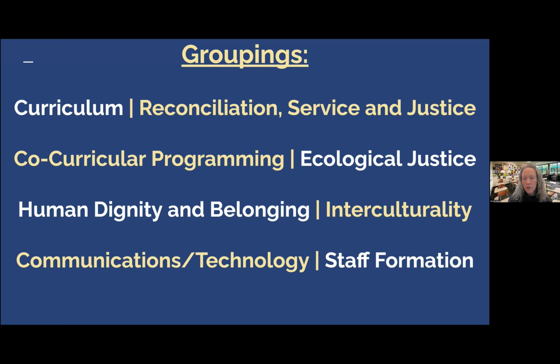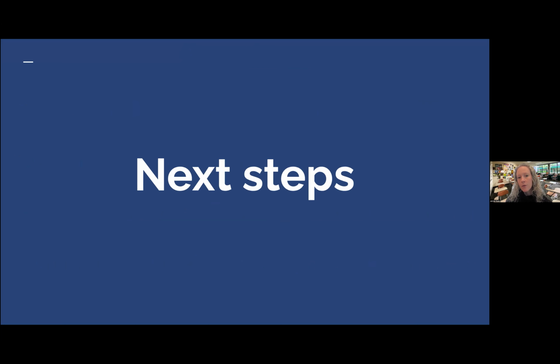Communications and technology, that was our IT guy. Staff formation is the vice principal who oversaw that. And it actually worked pretty well because people, again, came with their own areas of expertise and were able to have conversations and brainstorm together. And then we were able to use that to talk about next steps.